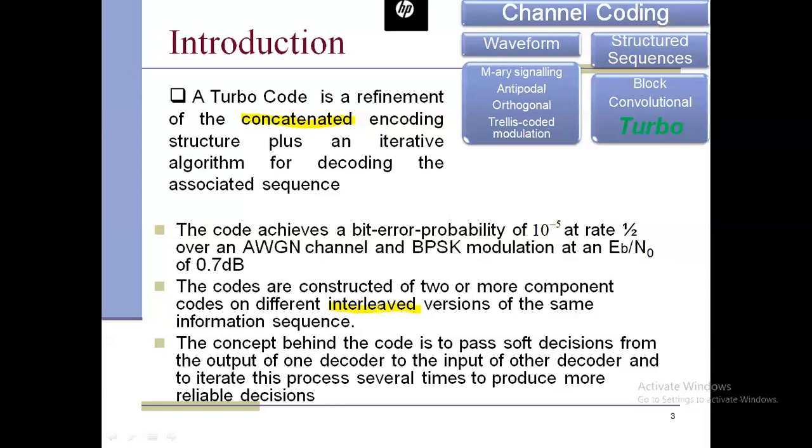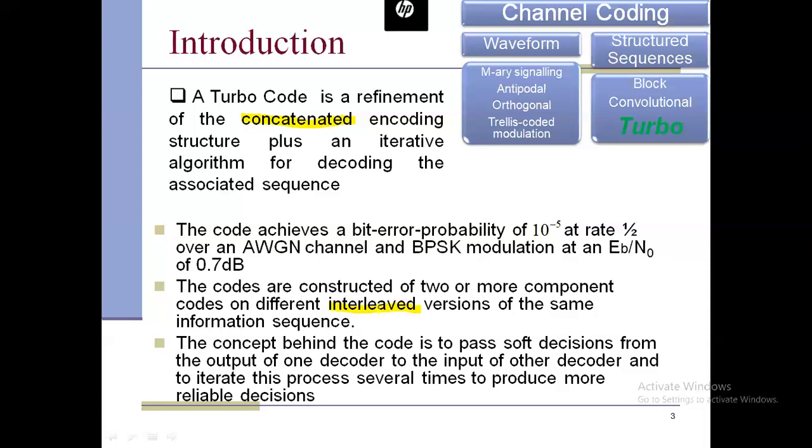Another important thing is that previously in convolution codes, we used a soft decoding method. Actually, that soft decoding method has a soft input, but the decision is at the bit level. Either it is 1 or 0.